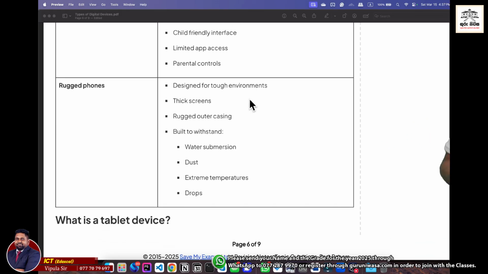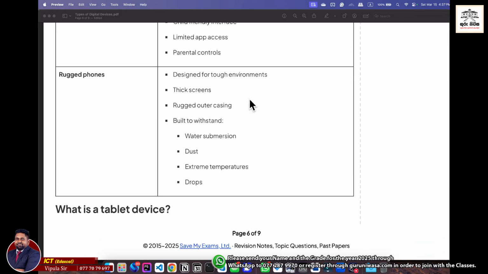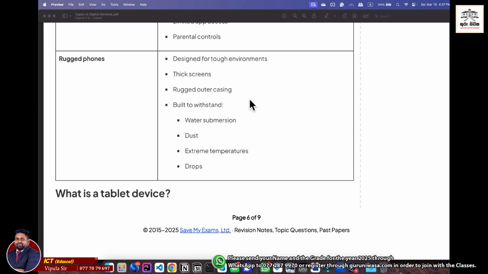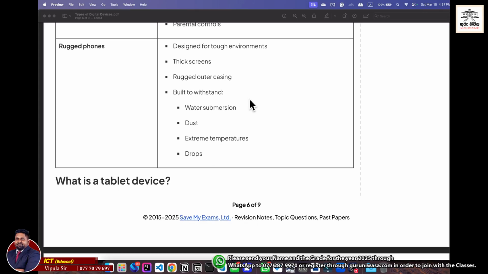Then we have the rugged phones. Rugged phones are designed for tough environments, which have thick screens, rugged outer casings, basically built to withstand multiple different types of abuse which you can do to a phone. Like you can drop it. It is waterproof, so that you can actually keep it underwater.